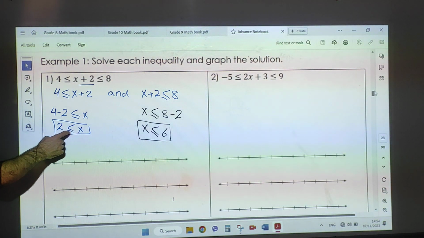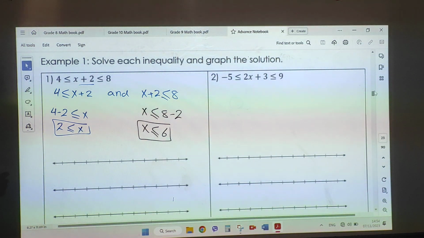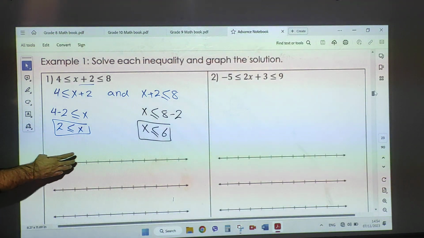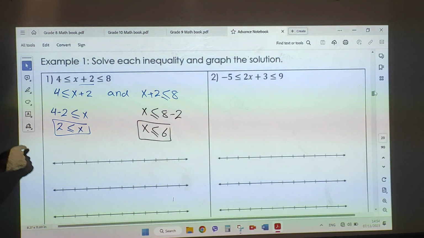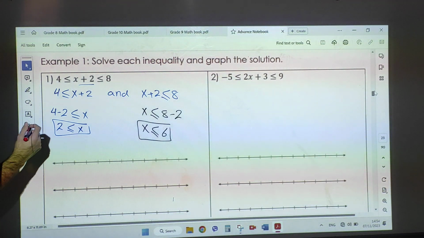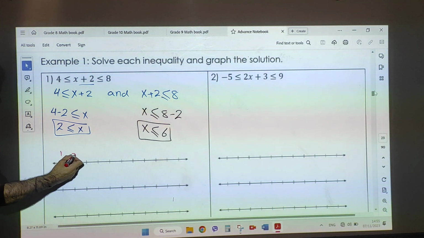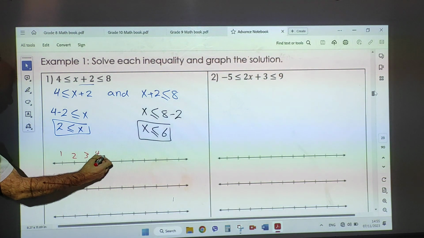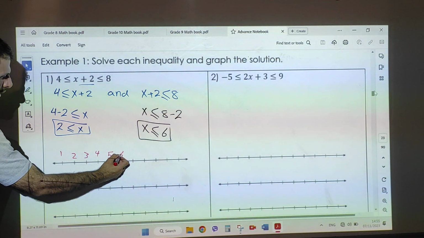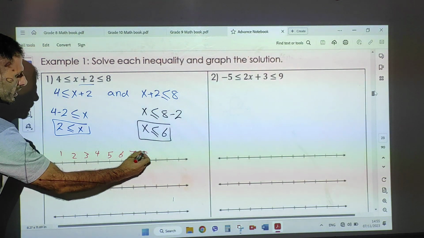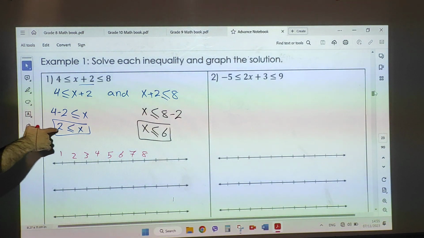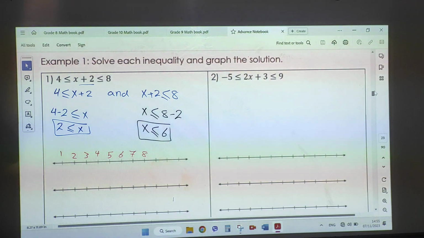In this line we must have both of the numbers 2 and 6, so we can start writing the numbers from 1, 2, 3, 4, 5, 6, 7, 8. Now we have both 2 and 6.